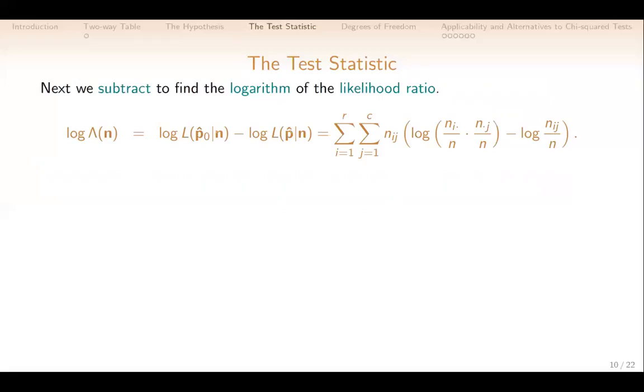For the second one, I should have stuck with the natural ln. So it's going to be the log of the maximum likelihood estimator under the null, which is n_i-dot over n times n-dot-j over n, minus the log of the maximum likelihood estimator overall, which is n_ij over n. Then I'm going to do some simplification that looks a little bit tricky at first.